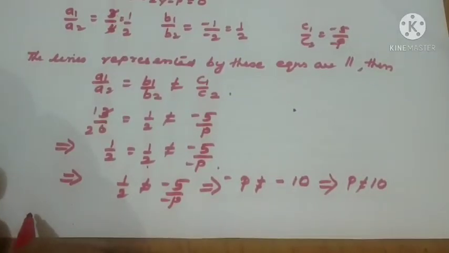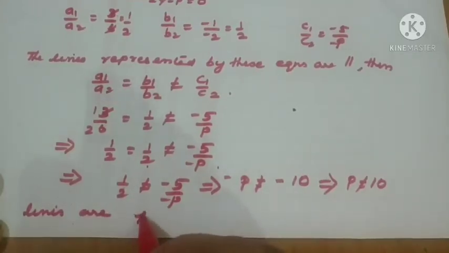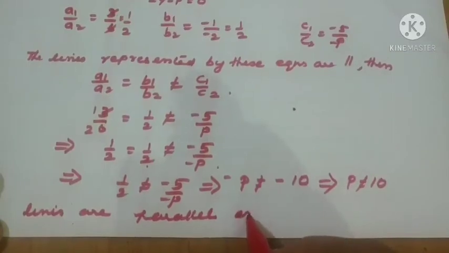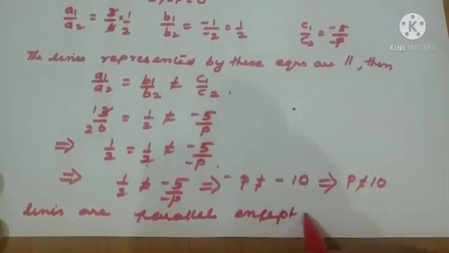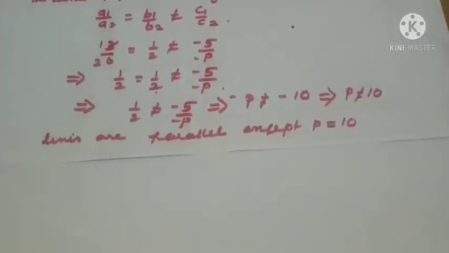So the given lines are parallel except p equal to 10. P not equal to 10 only. So what is the meaning of this statement? Lines are parallel except p equal to 10.